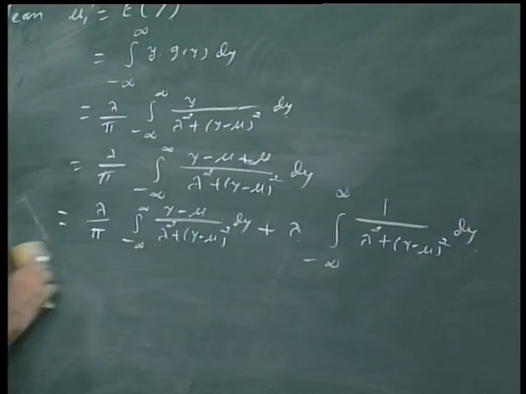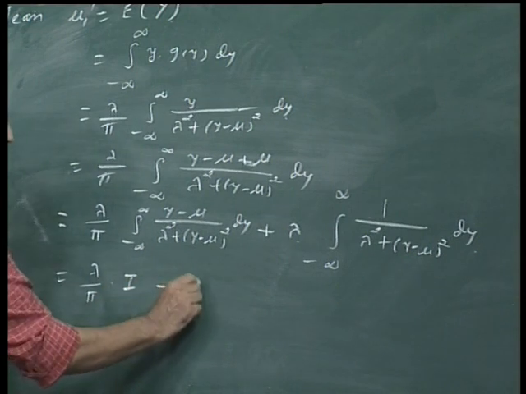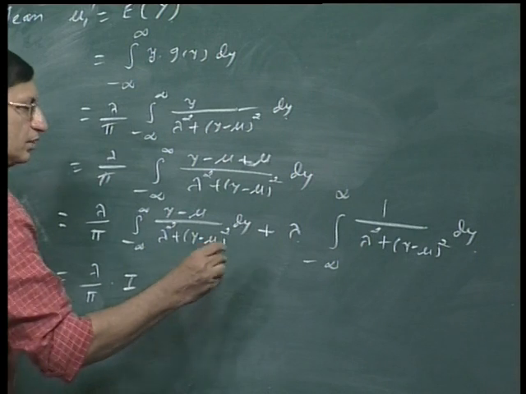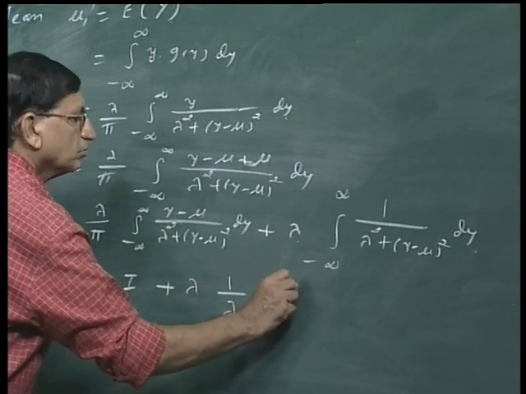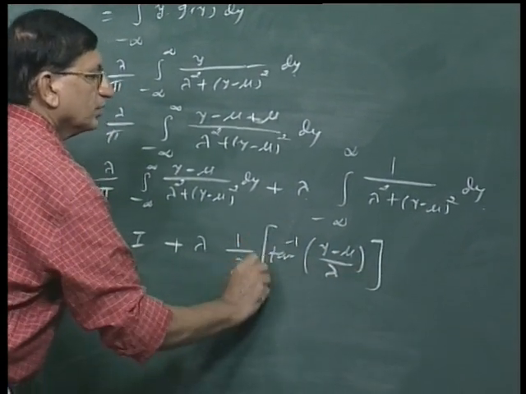I just write this first integral as, say, I, plus lambda into, if we integrate this, then it is 1 upon lambda tan inverse (y minus mu) upon lambda.